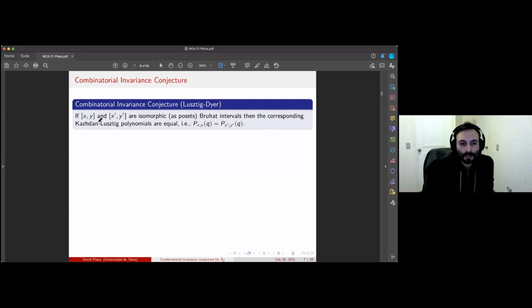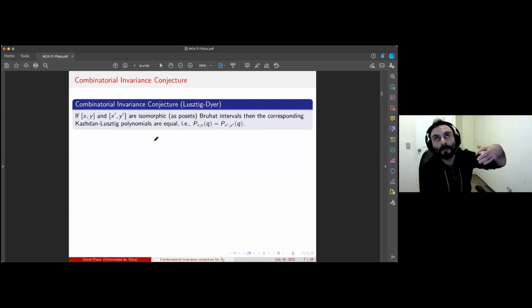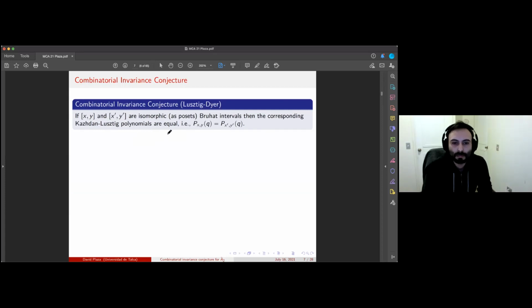And this conjecture claims that if we have two Bruhat intervals, [x,y] and [x',y'], that are isomorphic as posets, so I mean there is an order preserving bijection between these two intervals, then the corresponding Kazhdan-Lusztig polynomials must be equal.